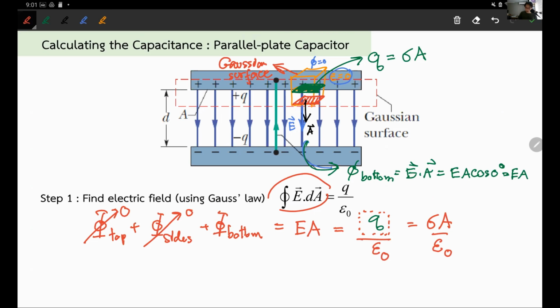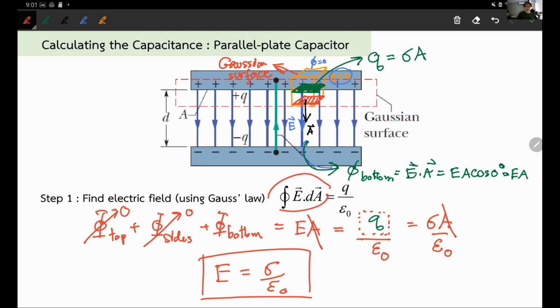A cancels, so the size of the box you draw doesn't matter. The electric field is just sigma over epsilon naught.